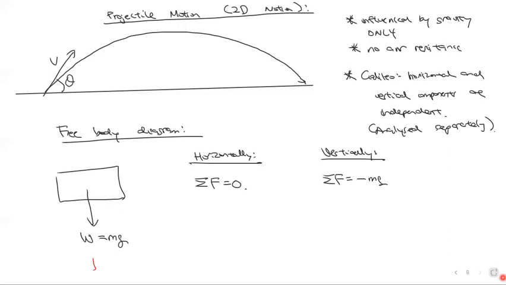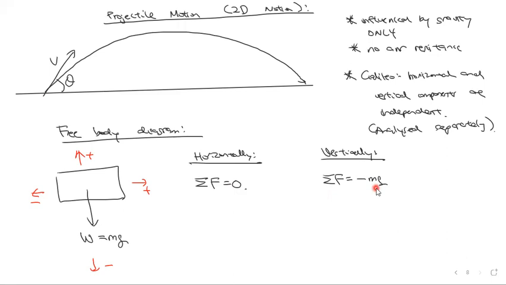Of course, reminding that this is negative, and this is positive, for the directions. So would you agree that there is no horizontal component to the force, and the only force acting on this object after launch is a vertical force downward with a magnitude of mg?